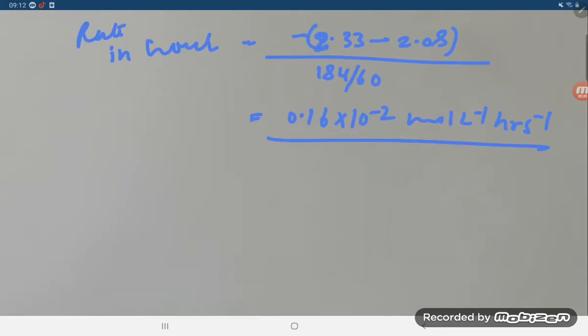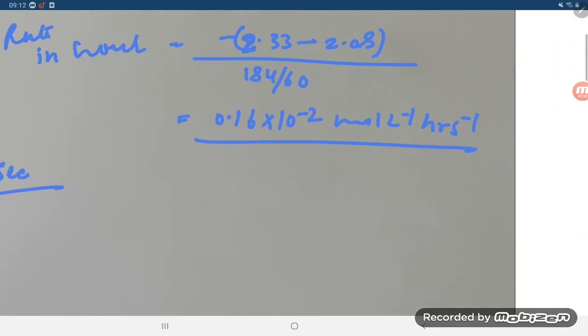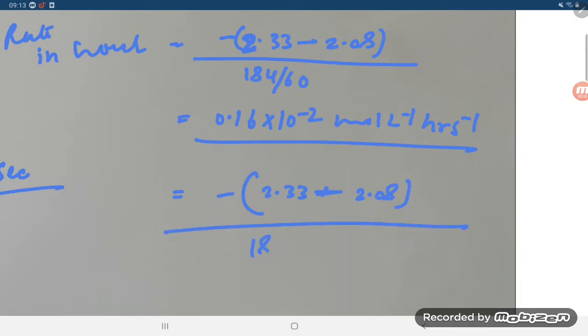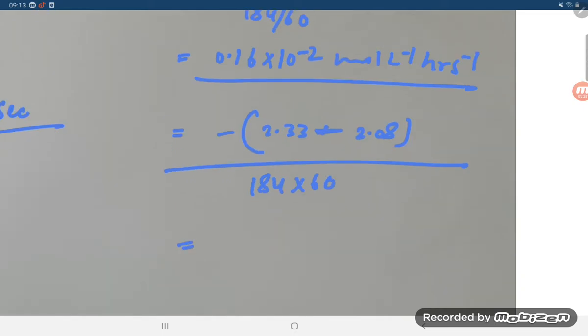If they are asking in seconds, what we have to do is multiply. So how can you calculate? 2.33 minus 2.08 divided by 184 into 60, right, student? So how much is it coming?